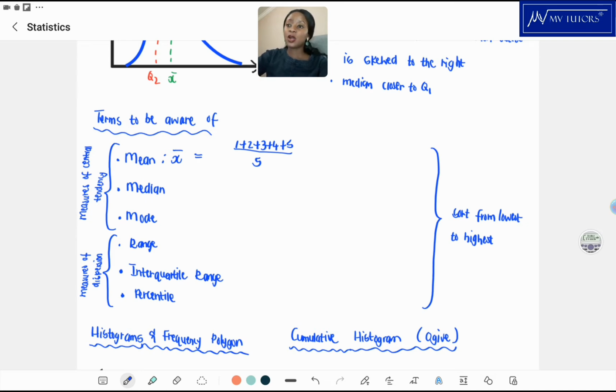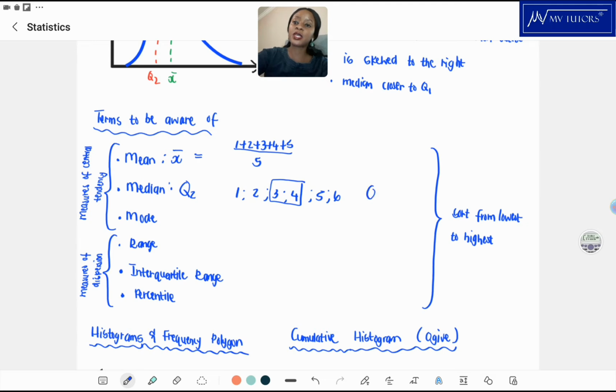Your median, well, we've discussed that. That's more of your second quartile. That is basically the middle number. And I showed you, in this case, if you have 1, 2, 3, 4, 5, your middle number would be 3. But if you had 6 data values, then your middle numbers would be 3 and 4.